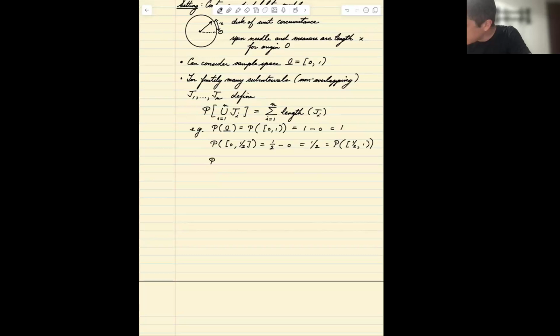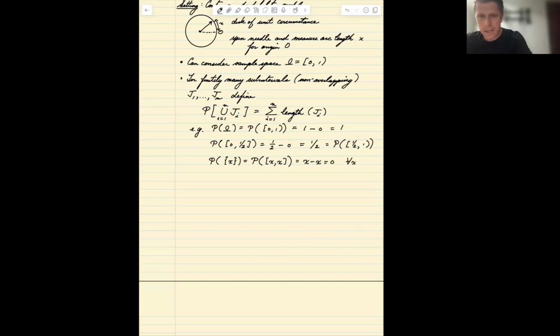And finally, let's look at the probability of landing at any particular point on the circle. Well, the point X can be thought of as the closed interval from X to X. What is the length of the closed interval? The length is X minus X, which is 0.